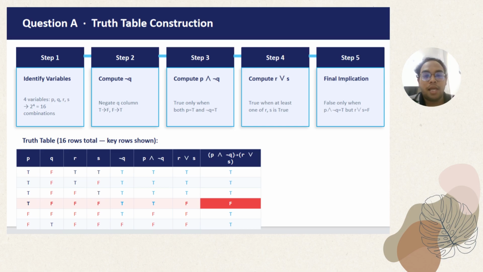The third is disjunction, true whenever at least one of R or S is true. The fourth is implication, the most important operator here, which is only false when the antecedent is true but the consequent is false.